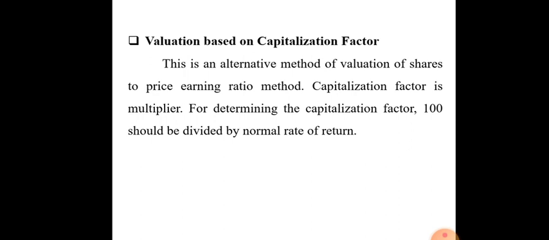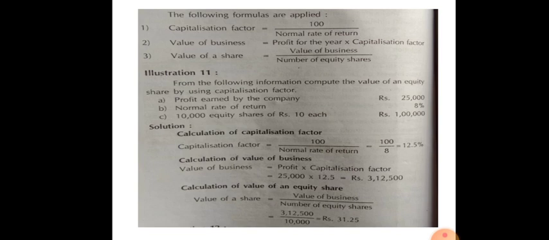Capitalization factor is a multiplier, and 100 should be divided by the normal rate of return for its calculation. So these are the formulas for the capitalization factor: 100 divided by normal rate of return.